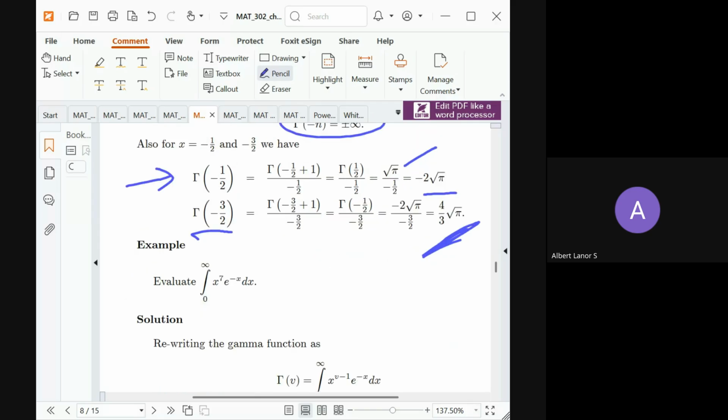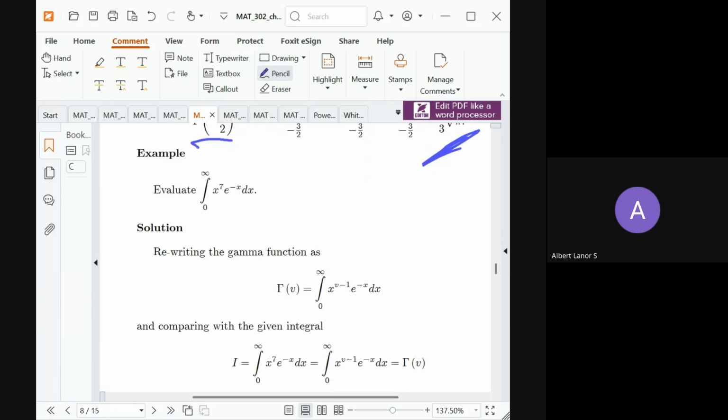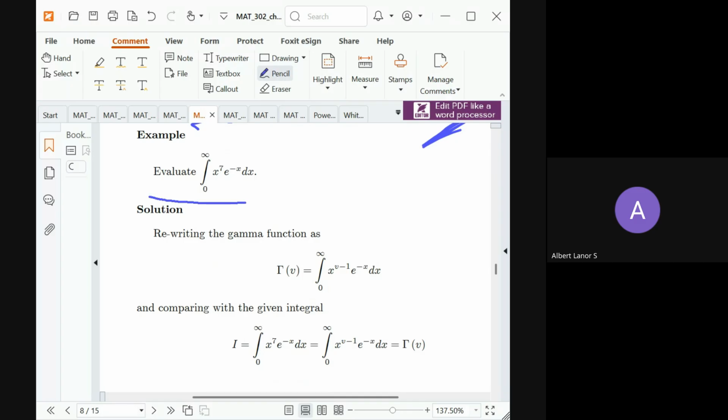Okay. Now, let us come to the generalization of all. For example, this function is a gamma function because it has the x exponent part, and it also has the e to the minus x dx. Now, the gamma of any number v is given by the integral of x to the power v minus 1 e to the minus x dx.